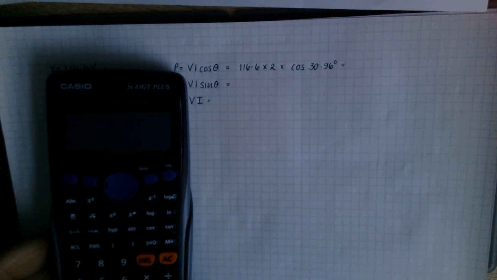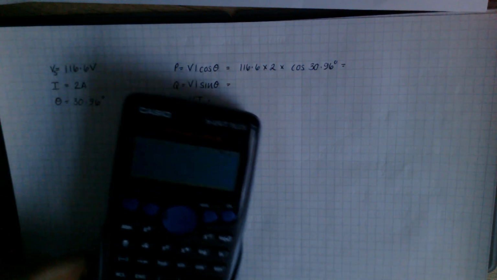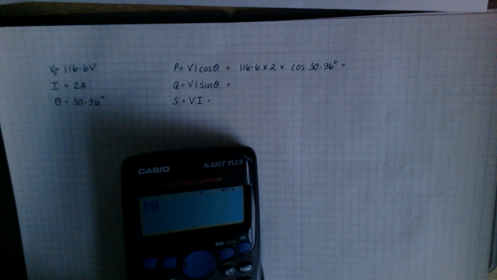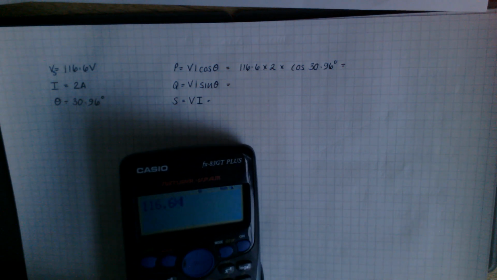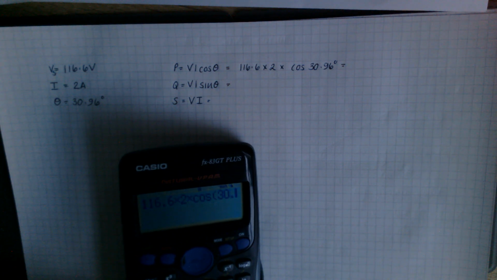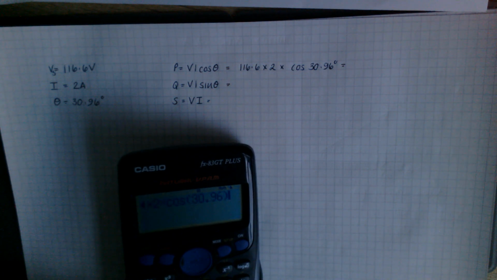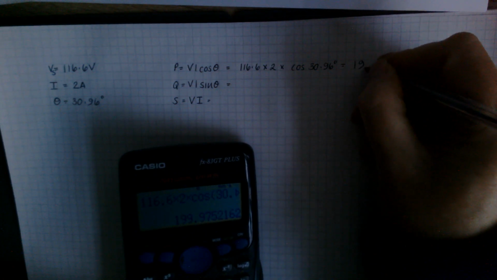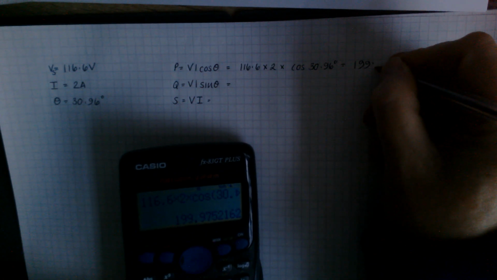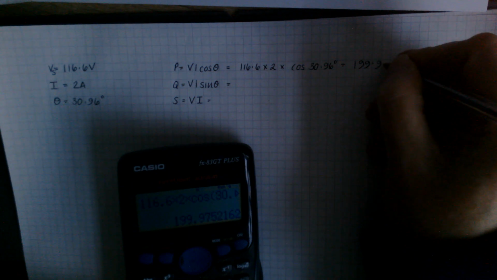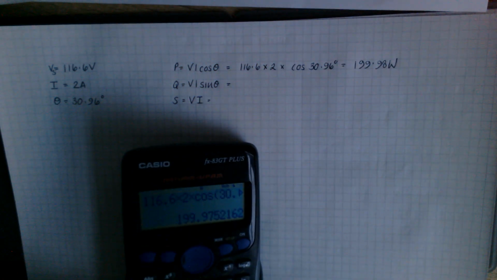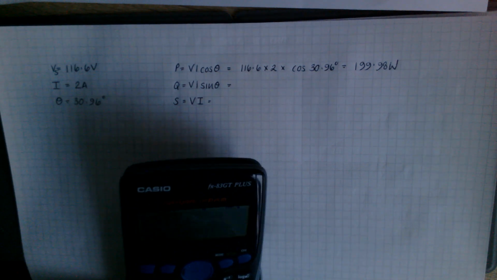I'll clear that down. So it's going to be 116.6 times 2 times cos of 30.96. That gets me 199.98 watts. So true power is measured in watts. My next one.